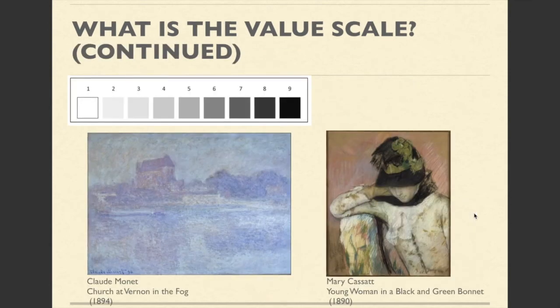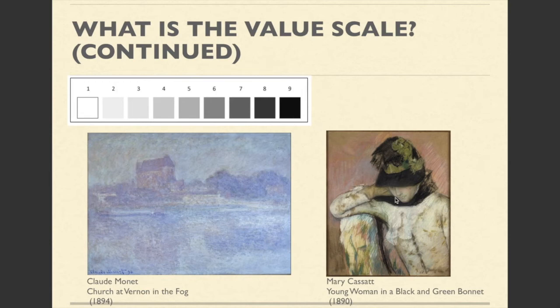So a design or an artwork can vary in the range of values present. So in this work by Monet, there's a range of probably a 2 to I'd say a 6. So we're looking around here in the range of values presented. In this work by Mary Cassatt, we have a range of a 1 to a 9.